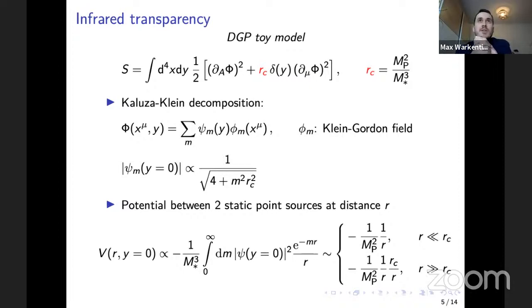In this case, if you treat this modulus field, which corresponds to the size of the extra dimension, and you talk about a compactified dimension, so the extra dimension is not infinite, then indeed this modulus field corresponds to the size. If you don't come up with some effective potential which stabilizes this, then it could happen that, for instance, the dimension grows to infinity or collapses and so on.